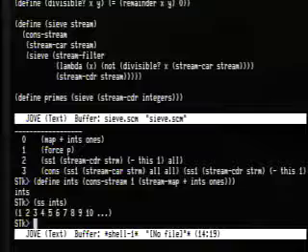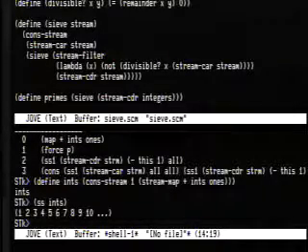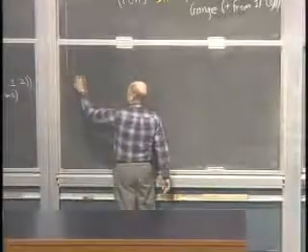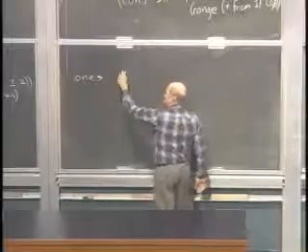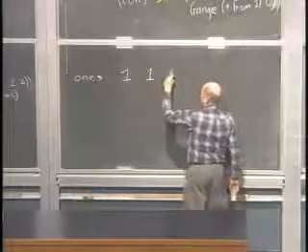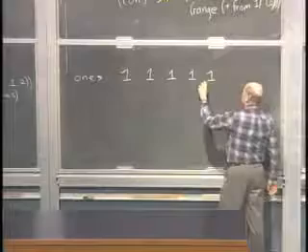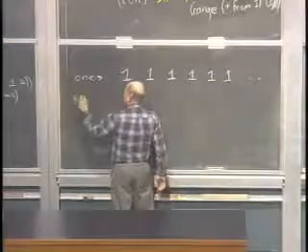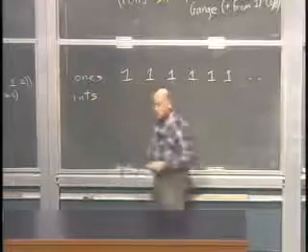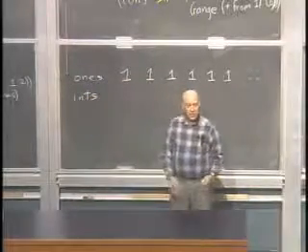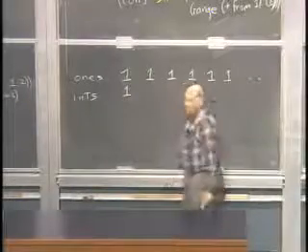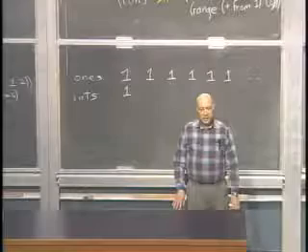So how does this work? Here's the stream ones. And now what about the stream ints? Well, its first element is 1, because it says constream 1 something. So we explicitly gave that first value of 1 here.